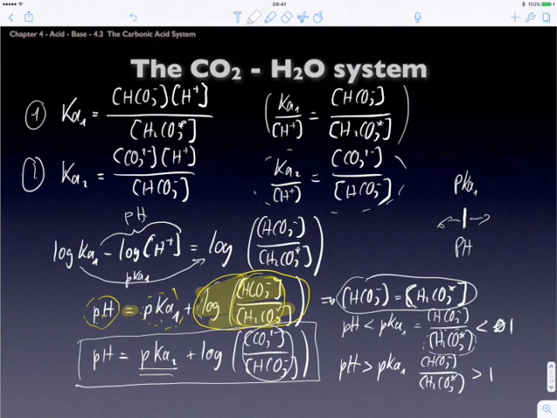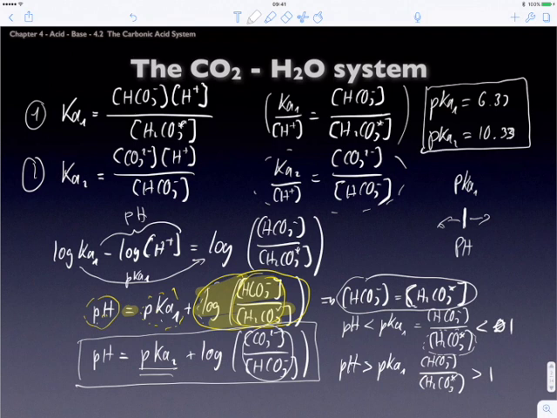And for pure water at 25 degrees, again, pKa1 equals 6.33 and pKa2 equals 10.33 something. So you understand that now. You know that if you have a body of water, you're measuring the pH.